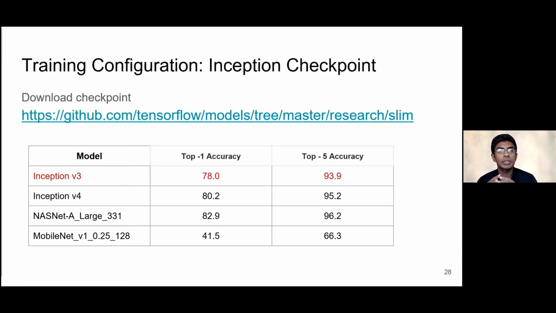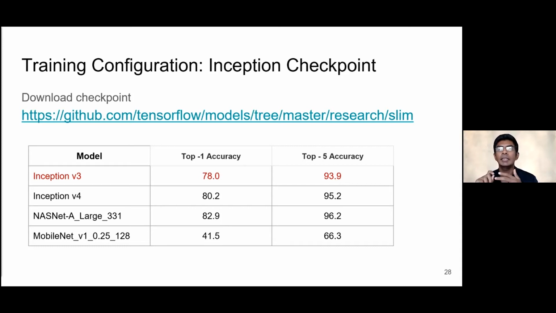In our case, we use the Inception V3 model that has top 1 accuracy of 78% and top 5 accuracy of 93%. So what does this mean? That means when you give an image to the model, it will output 5 phrases saying what the machine thinks that image is.